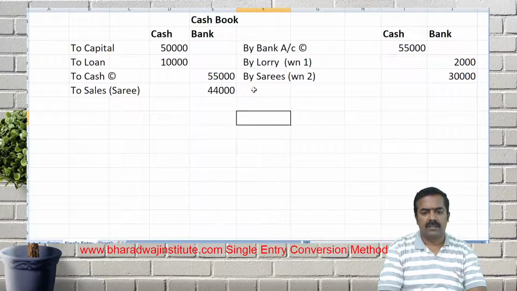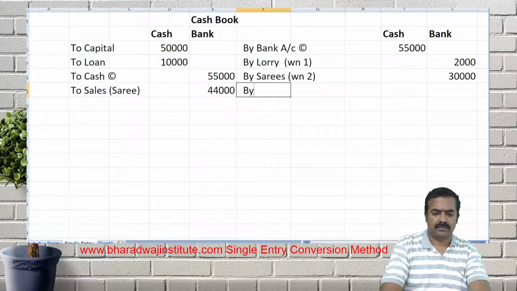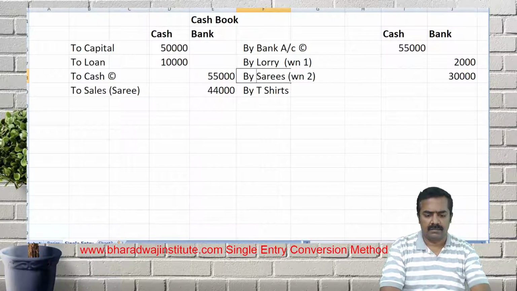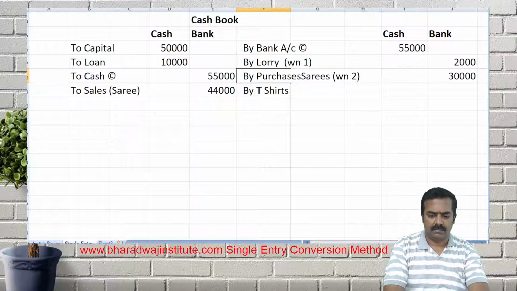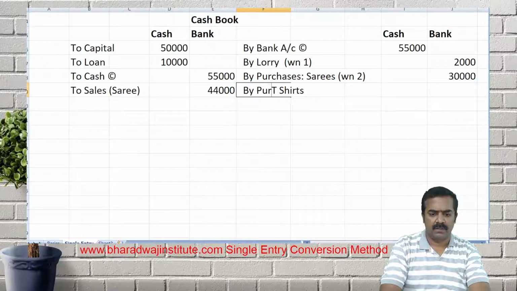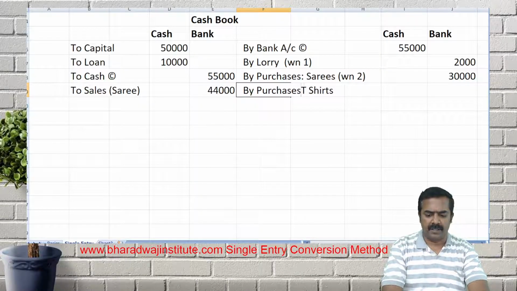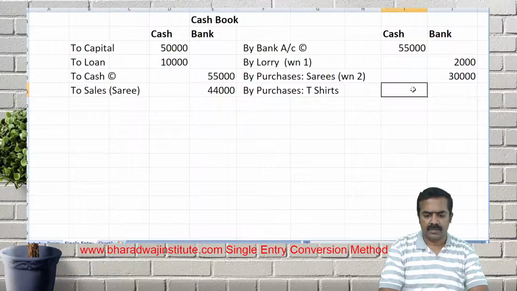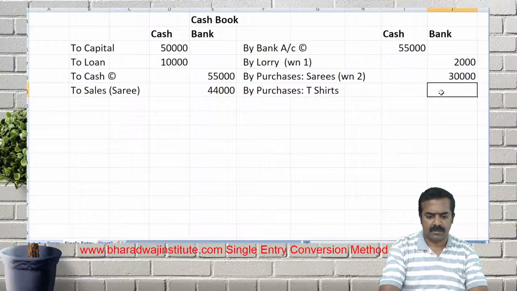Then, what is the next one? Buy t-shirts. 3,000. Purchases. Okay. By purchases of t-shirts, how much has he paid? Cash or check? 8,000. Banks. Sorry, cash.